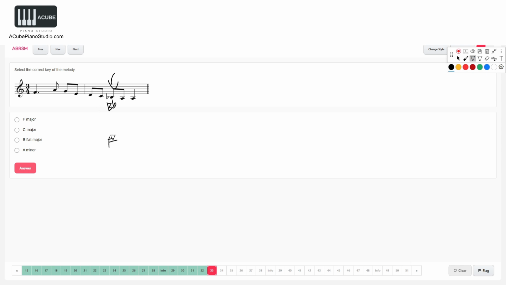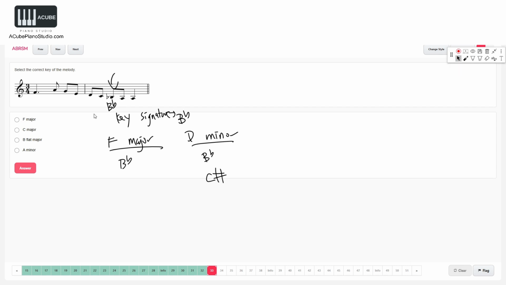If you have B flat as the key signature, you have both F major and D minor. So F major, you only have B flat. D minor, you can also sharpen the 7th note, and the 7th note of D minor is C, so your C will be sharpened. But take a look, the C here has no sharp. So this is going to be F major.